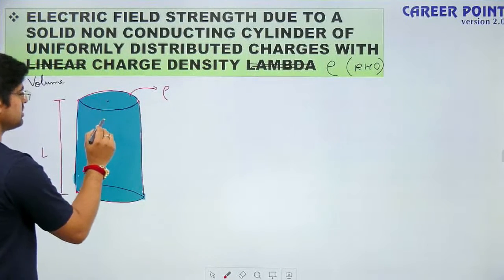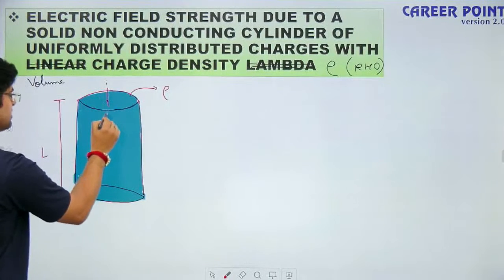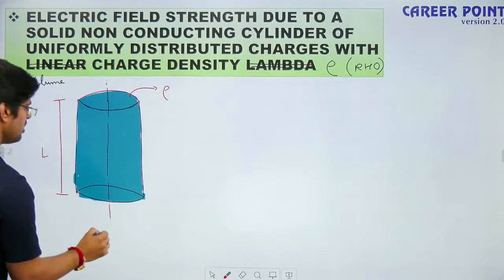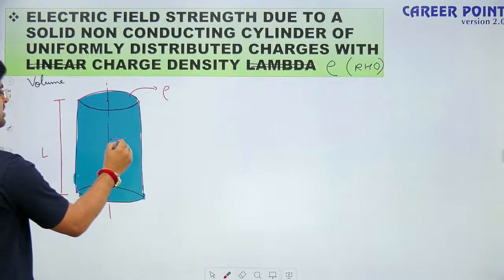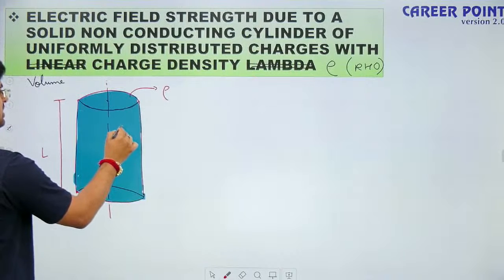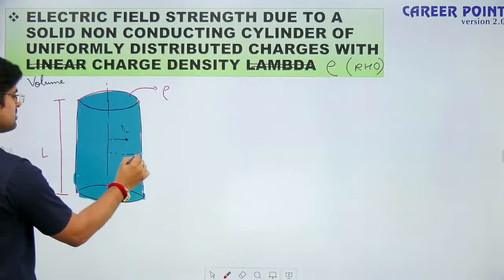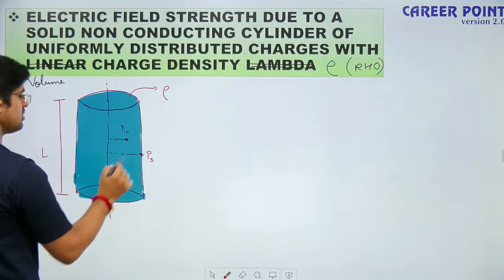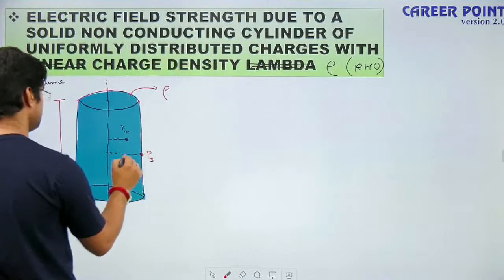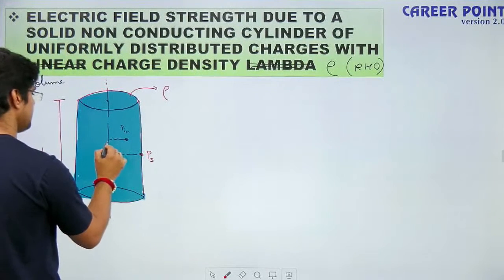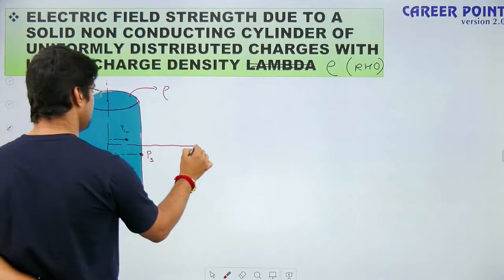I am taking different points. This is the axis of the cylinder. Okay, I am taking a random point inside, say P in here, then I am taking a surface point like this, P surface, then I am considering another point somewhere here, P outside.